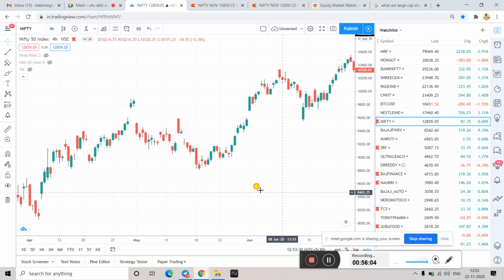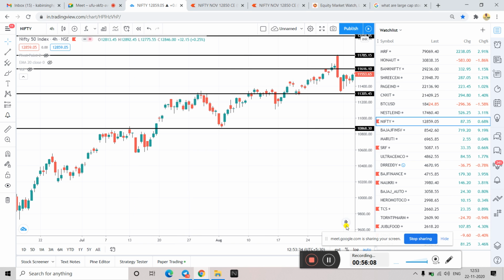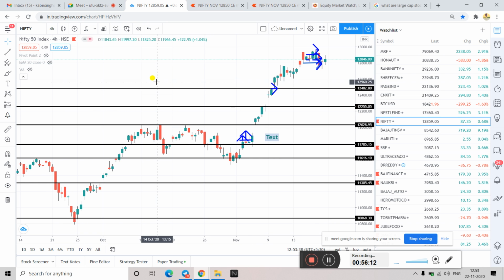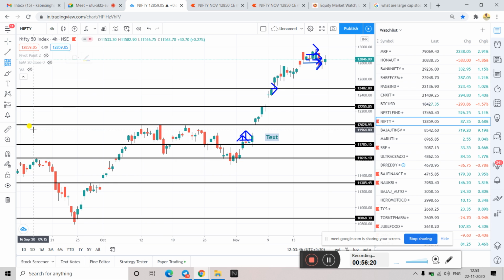For that purpose, you have to zoom out this a little. So GAN, you will find it. This is GAN Square Fixed, right? You can choose this. So this is a swing low, and this is a swing high, right?